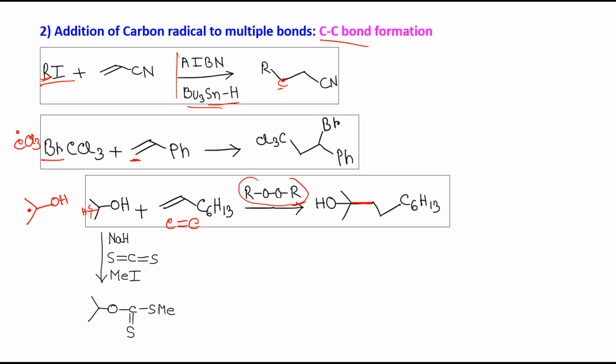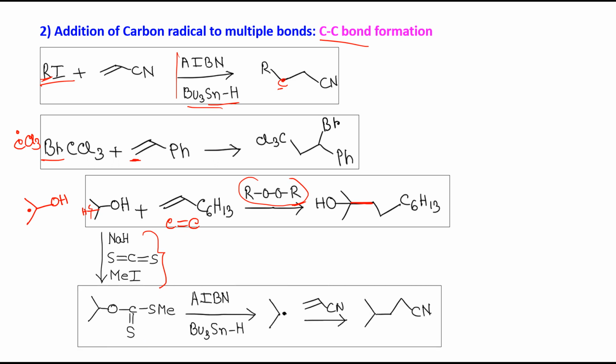Now this alcohol, if you modify it to this type of ester, in presence of this reagent combination of AIBN and Bu3SnH, now we are getting a different type of radical. So when the alcohol is converted to this ester, we are getting a different type of carbon radical where this carbon-oxygen bond is broken.